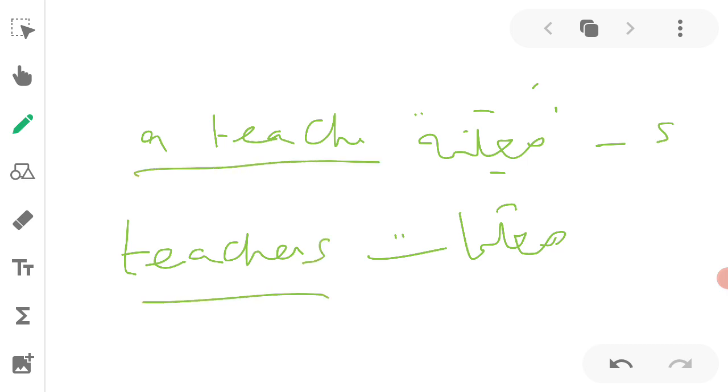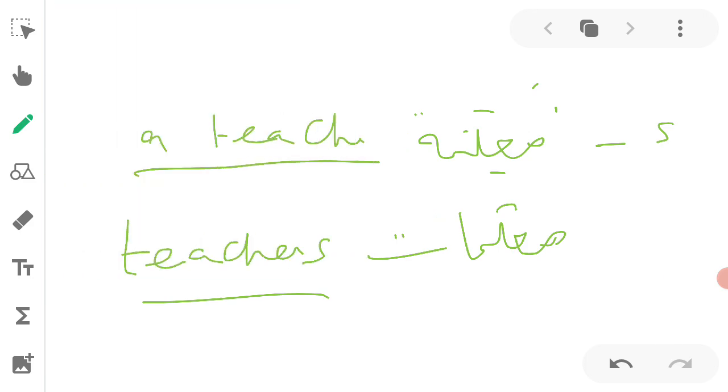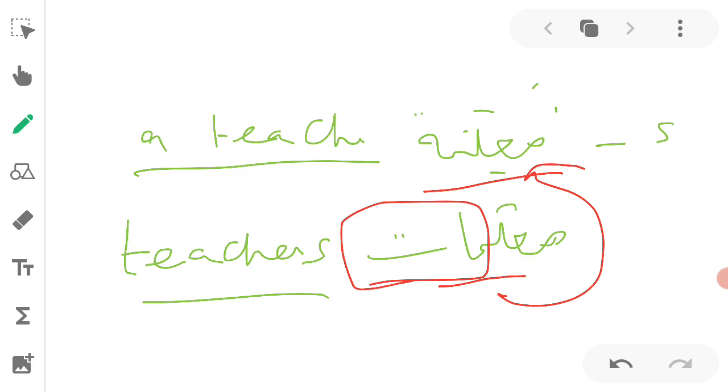So let's see if the conditions are fulfilled. So muallimat refers to more than two teachers. And this plural has a singular from its own word. So alif ta is just the addition to make the feminine plural, and if you drop that, then you get the singular, so from the same word.